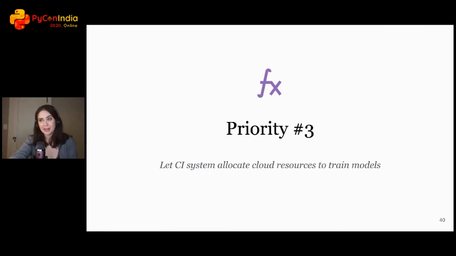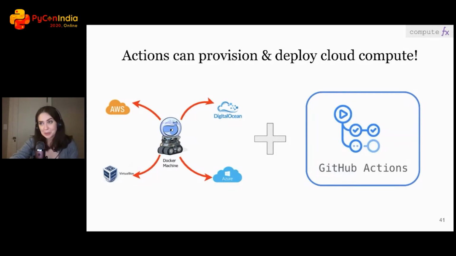So the third priority is how can we let our CI system allocate cloud resources to train models? And this is the coolest one to me. I'm actually going to talk the least about it because we're currently revamping it. But our first approach has been using Docker Machine, which is actually a deprecated project, but it's really cool.